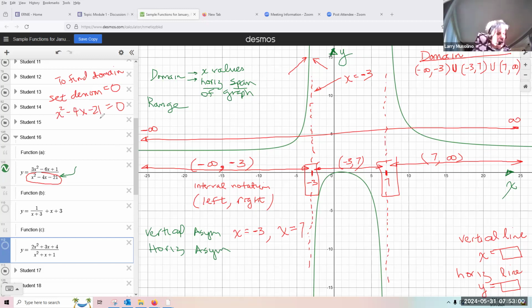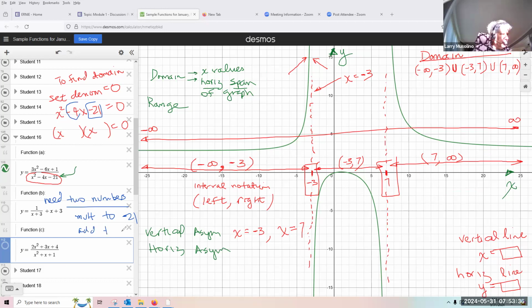Well, this is called a quadratic equation when it has an x squared in it. One way to solve a quadratic equation is to do something called factoring. You might remember factoring from algebra. I put an x and an x in front here. And now I'm looking for two numbers that multiply to this constant negative 21, but then they also have to add to this middle term negative 4.